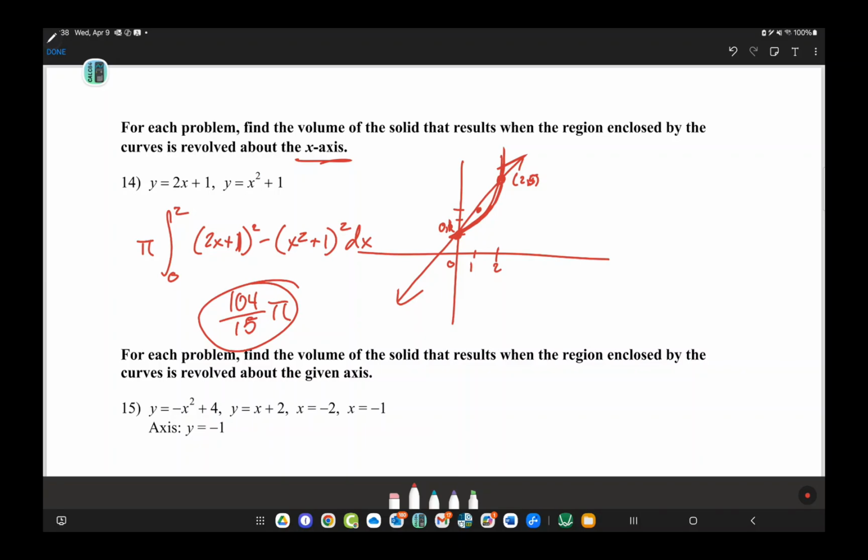Now, on the free response, the ones that require you to set up and find the volume by rotation or cross sections is to set up but do not evaluate. There's only one question where you actually have to go from beginning to end, find the volume, set up and find the answer.